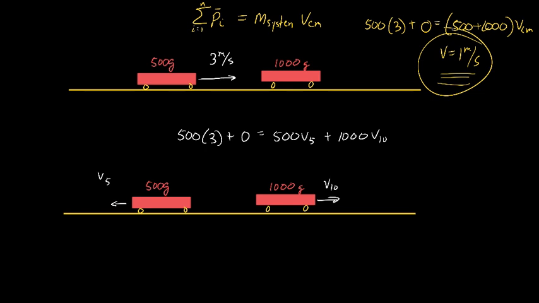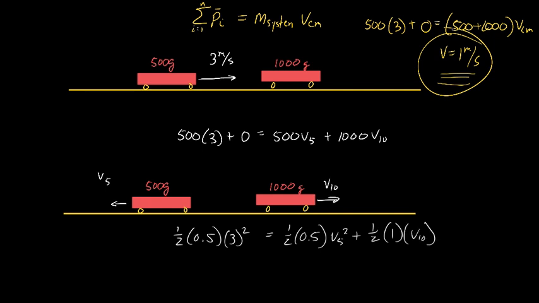We can't find V5 or V10 on their own. There's not enough information. But if I tell you it's elastic, I'm telling you that the kinetic energy is also conserved. So if I want to set it up, that's how I set it up. Two equations with two unknowns.